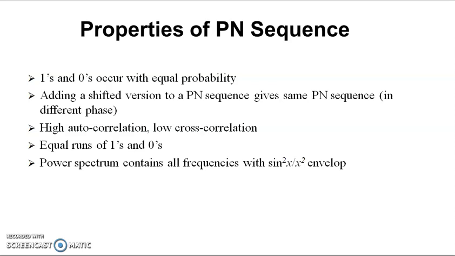Adding a shifted version of a PN sequence gives the same PN sequence in a different phase. It has high correlation, or you can say equal runs of ones and zeros. It has a power spectrum which contains all frequencies with a given overlap.